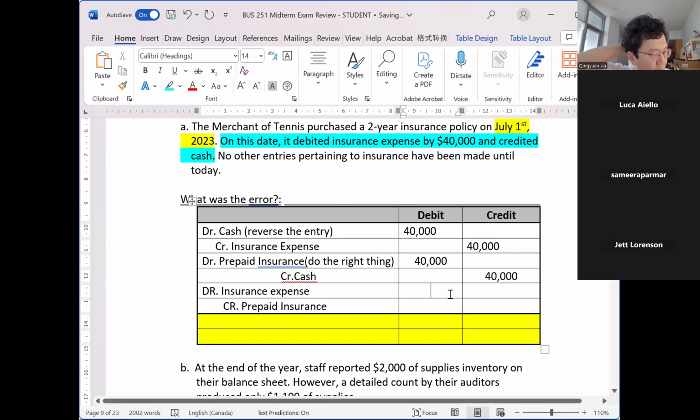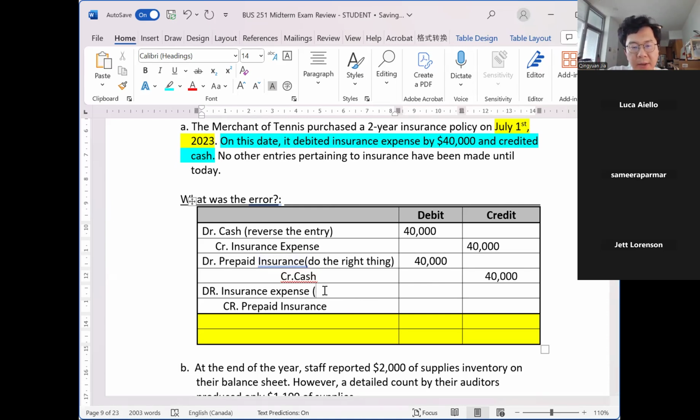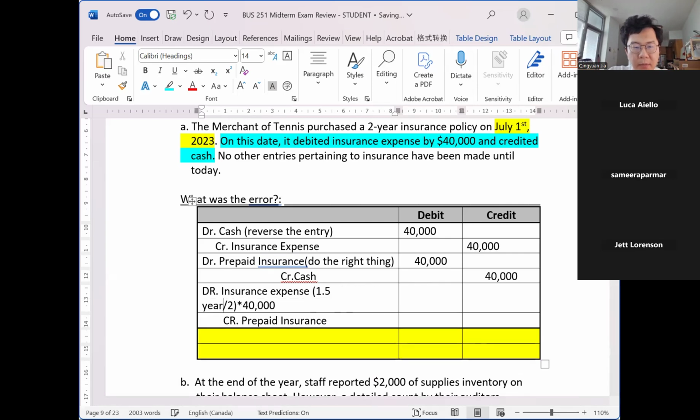And the amount will be, because previously we have 40,000 in the prepaid insurance and 1.5 years have passed when we have to do this adjusting journal entry. We paid for 2 years and 1.5 years have passed, right? So we use this number times 40, and this means years, 2 years.